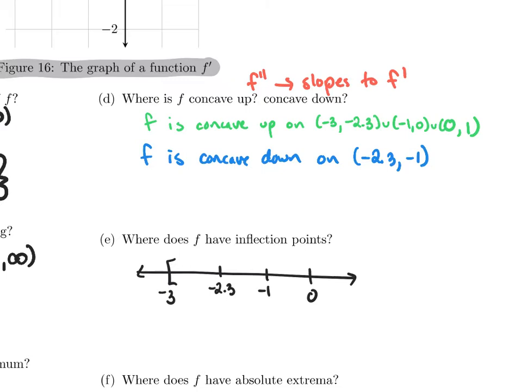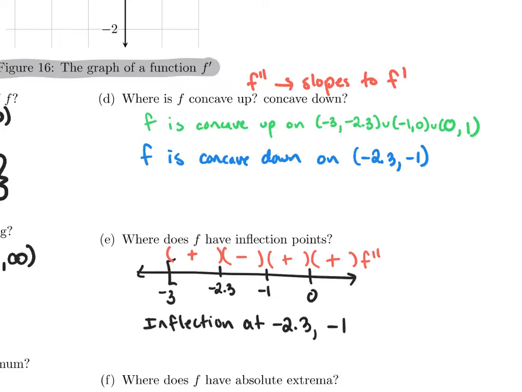So my second derivative is going to be positive anywhere the function is concave up. So right here, -1 to 0, and then also 0 to 1, and then it's negative right here. We're just looking for a change in sign or a change in concavity. So our inflection points are at -2.3 and then at -1. And those are just the x coordinates.